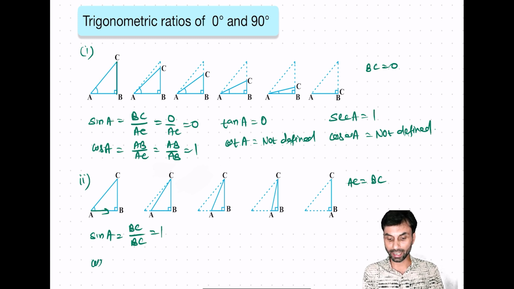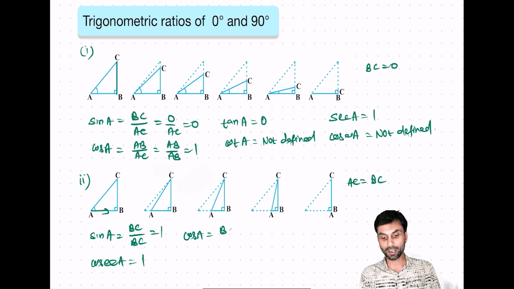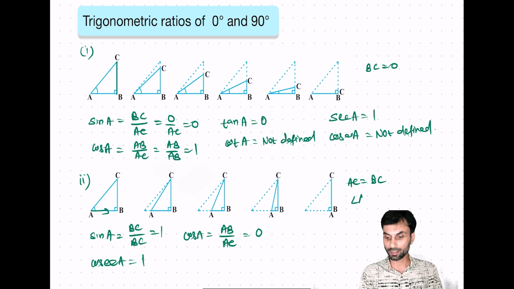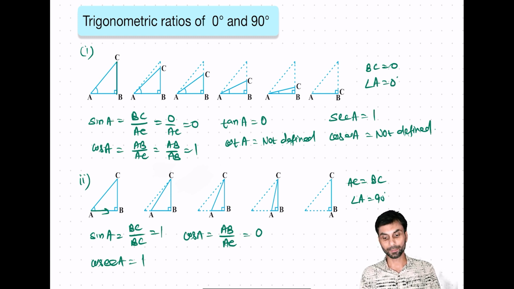Then cosec A, which is the reciprocal of sine A, will have value 1. Cos A, that is adjacent upon hypotenuse, that means AB upon AC, and as AB will be 0, the value of cos A will become 0, that means cos of 90-degree angle will be 0. Remember here that angle A equals 90 degree, and in the previous case, angle A equals 0 degree.